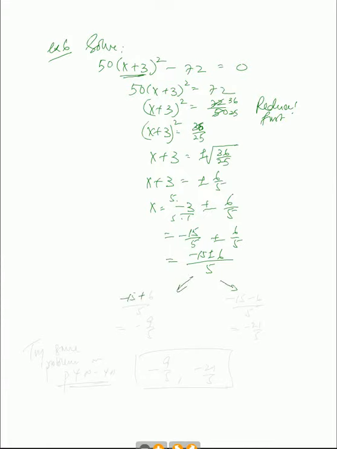So minus 15 plus 6 all over 5 is one possibility, which gives you negative 9 over 5 as the answer. And negative 15 minus 6 all over 5 gives you the other possibility. So for this question, there are two answers: negative 9 over 5 and negative 21 over 5.